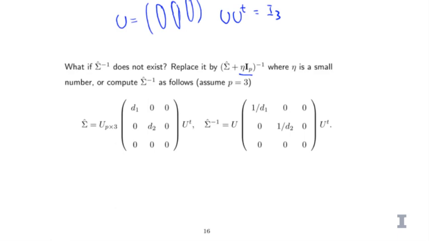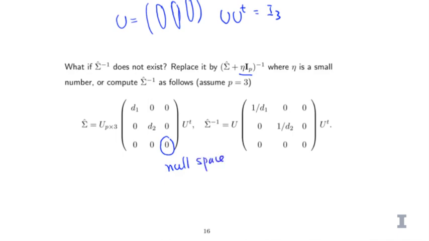So we cannot take the inverse because we need to deal with something like 1 over 0. But what is the generalized inverse? The generalized inverse just ignores the last dimension. You just take the inverse of this diagonal matrix for the first 2 dimensions, and just leave the last 0 as 0. The rationale is that the third dimension is the null space of this covariance matrix.